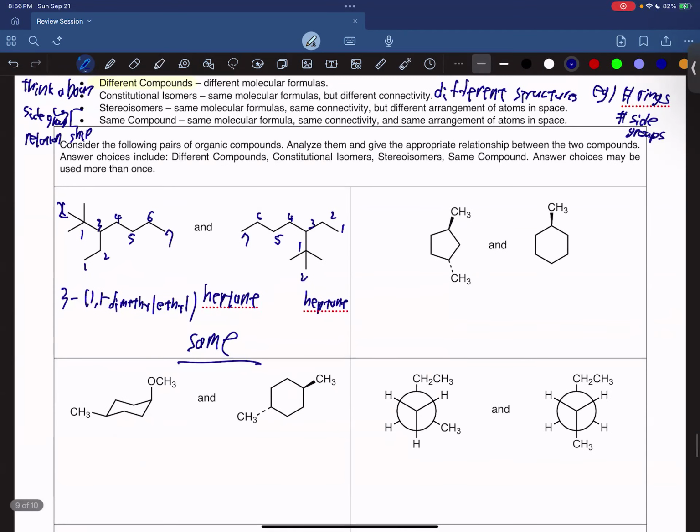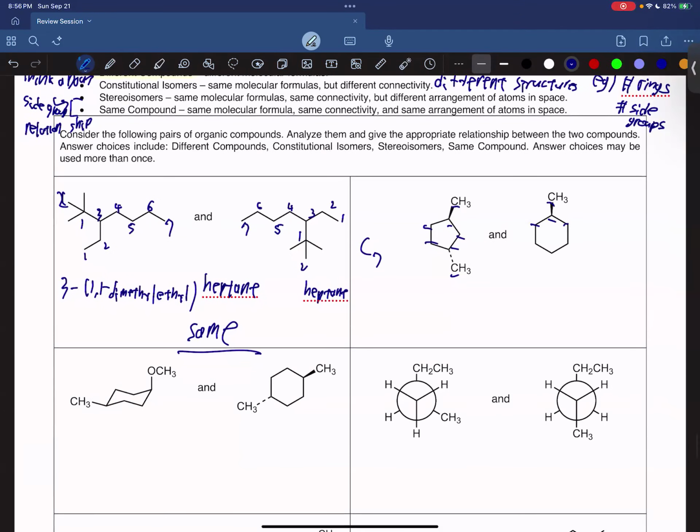For the second question, I can count how many carbons and hydrogens. 1, 2, 3, 4, 5, 6, 7 carbons. 1, 2, 3, 4, 5, 6, 7 carbons. And I can count the hydrogens. 1, 2, 3, 4, 5, 6, and then 7, 8, 9, 10, 11, 12.